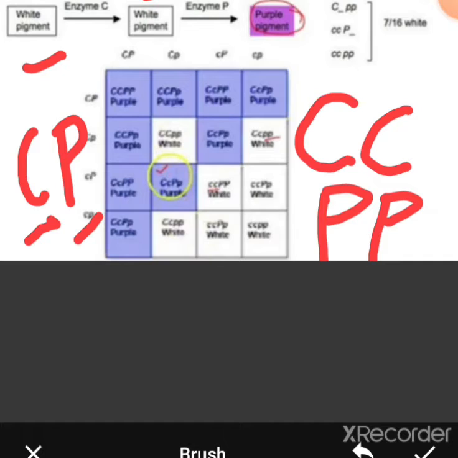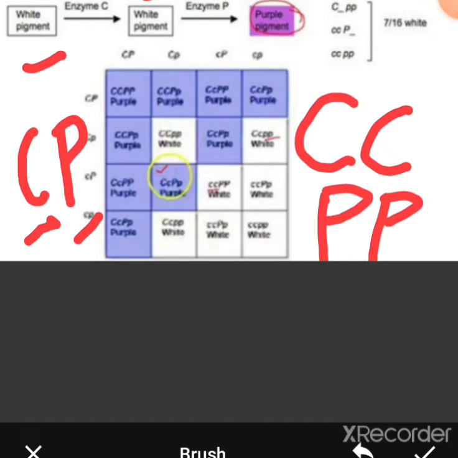Okay, so if you see the checkerboard, we will find nine purple pigment will be showing the purple pigmentation.